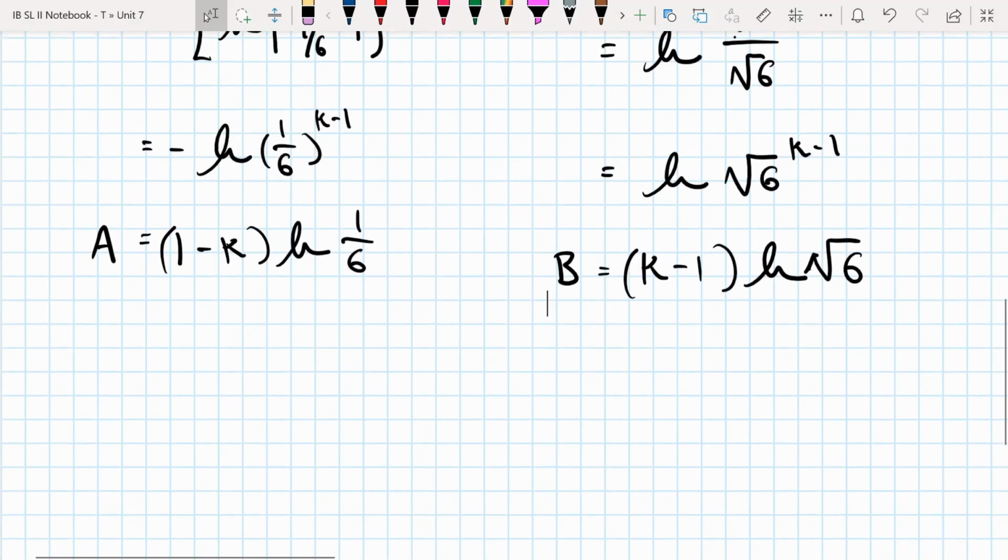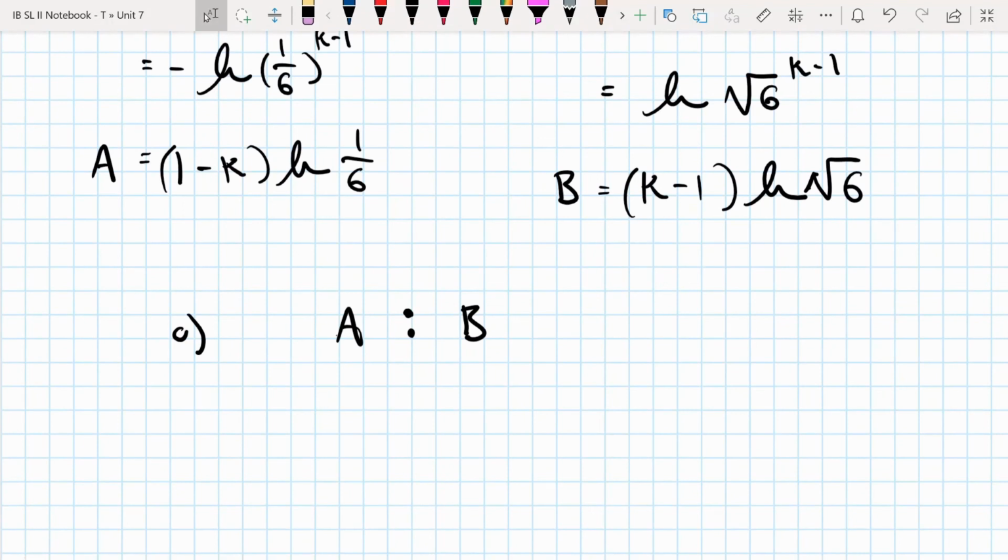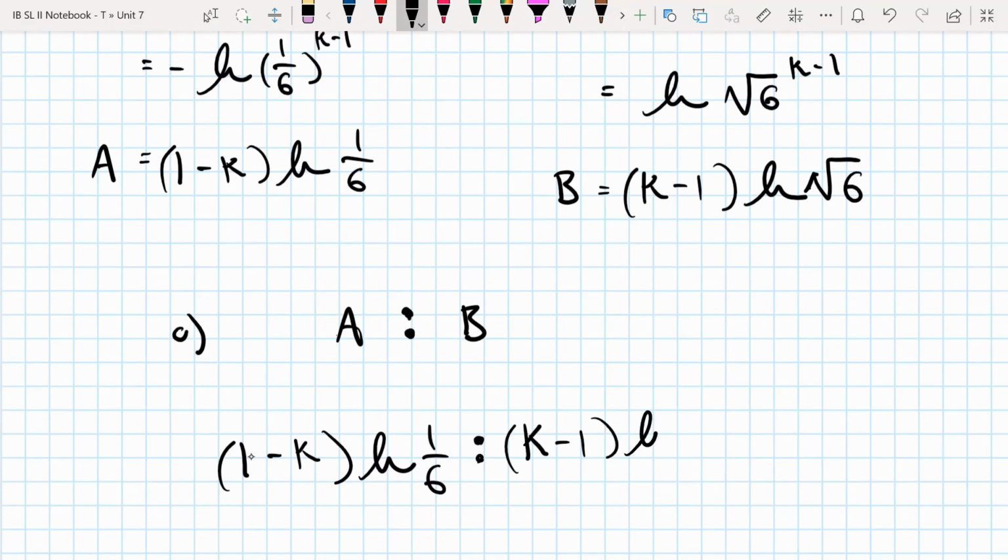So if I want to find the ratio of a to b, let's just plug these values we got into the left-hand side and the right-hand side of this statement here. So the ratio a colon b. 1 minus k natural log of 1/6 colon k minus 1 natural log of the square root of 6.